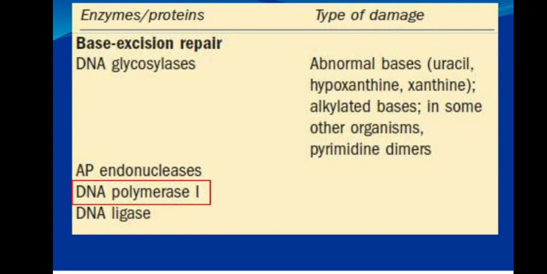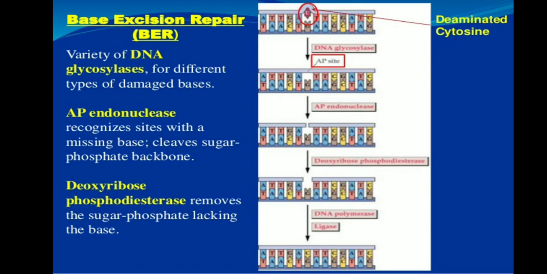Such kinds of abnormal bases it can cure. It also repairs alkylated bases in some other organisms. The pyrimidine dimers can also be cured by the DNA glycosylase. DNA polymerase I is also having the ability to cure, right? So here you can see the base excision repair mechanism.